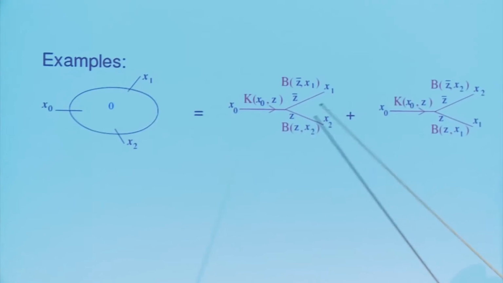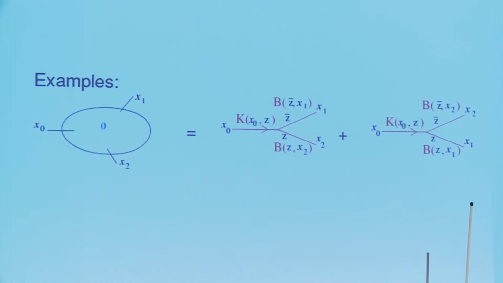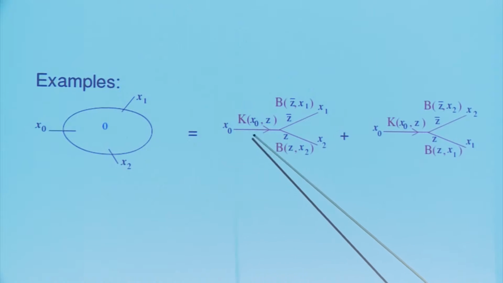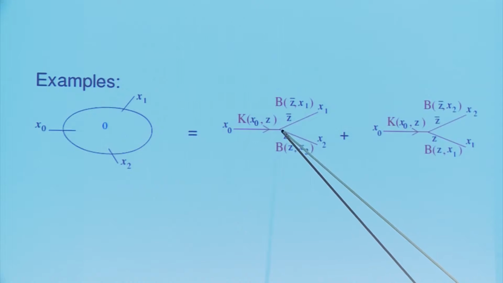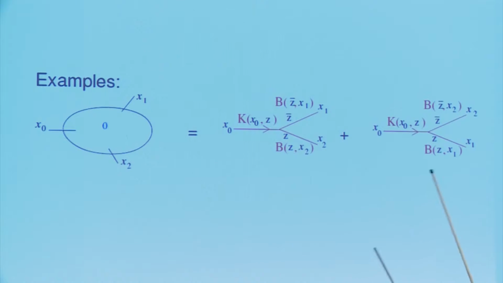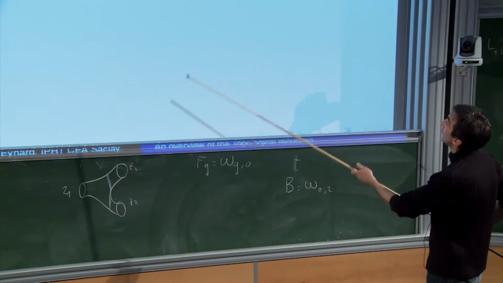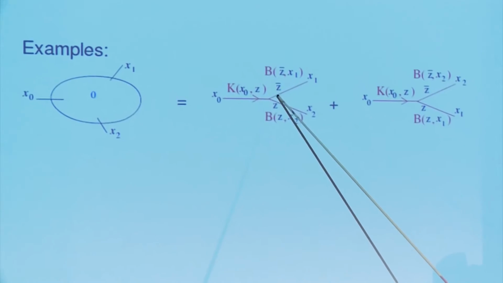So what does this picture mean? This picture just means you multiply the weight associated to each leg. So here it's K x0 z, B z bar x1, where B is omega 0,2. Just take the product of those three things and integrate at the vertex.